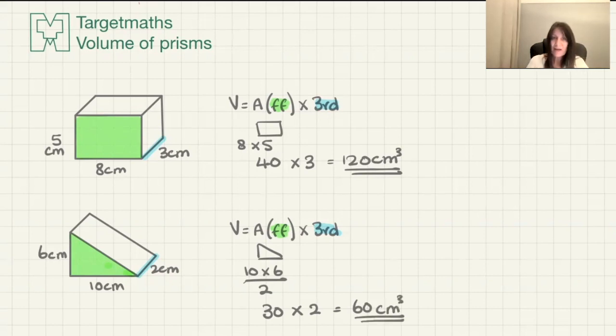All right, so that's volume of prisms for you in kind of one very quick video. If you are confused when I'm talking about third length, I will just quickly show that to you. Here is a 2D shape, and that 2D shape will grow, if you like, into its 3D cuboid by just adding that length.